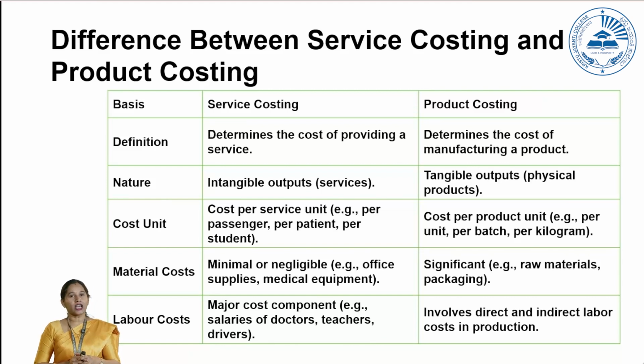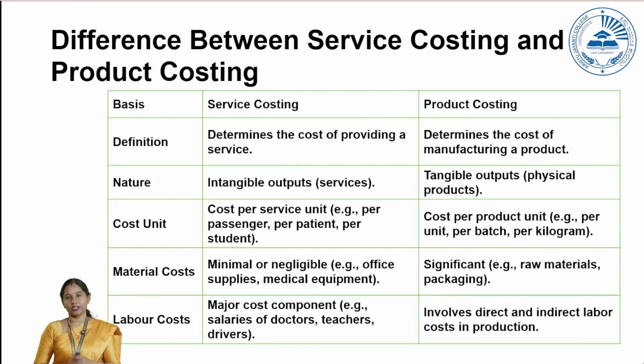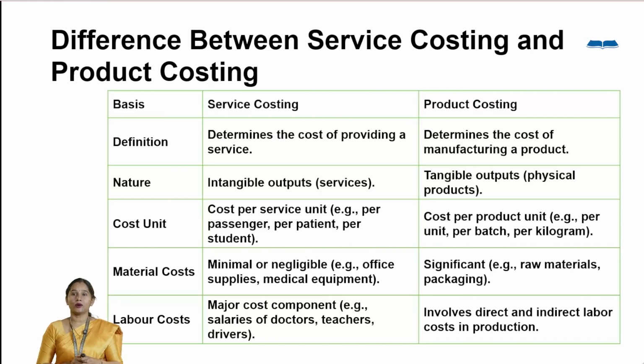Cost unit under service costing will be calculated as per the service unit provided: per passenger, per patient, per student. In product costing, the amount we calculate to determine the selling price of a particular product is per unit, per batch, and how much is the cost per kilogram.